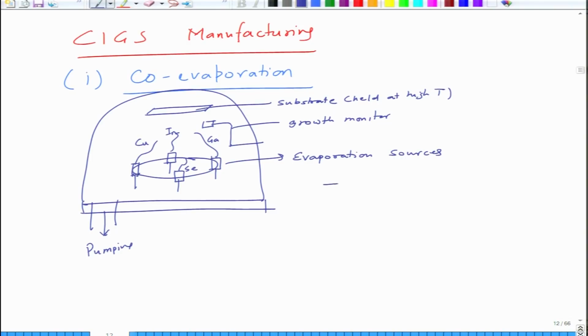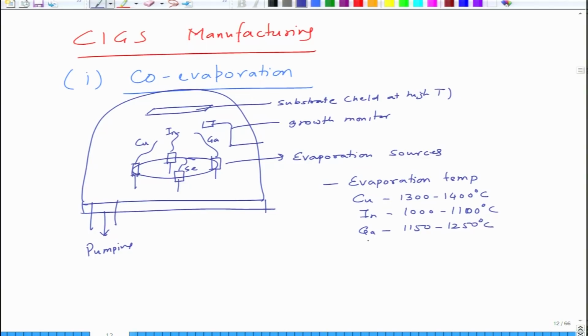If you look at the evaporation temperatures, copper is about 1300 to 1400 degrees centigrade. Indium, this is in vacuum by the way, 1000 to 1100 degrees centigrade. Gallium would be 1150 to 1250 degrees centigrade, and selenium would be 300 to 350 degrees centigrade.